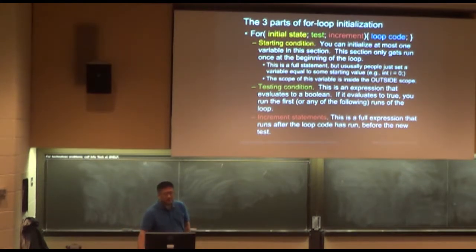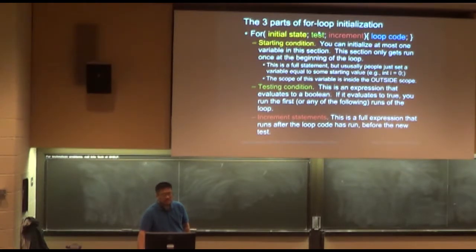So just so that you have a name for everything, remember that the first component of that parentheses statement is called the initial statement, or initial setup, or initialization of the for loop. And then it has a testing condition. This conditional has to be true in order for the loop to run.